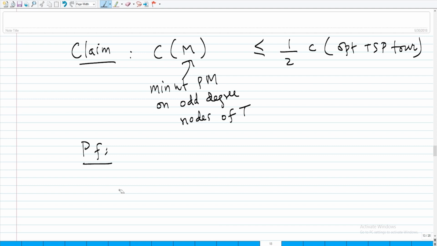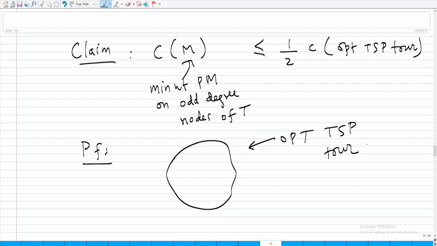Okay, so what I will do is let us take the optimum TSP tour, which has all the vertices, and look at the subtour which contains only the odd degree vertices of the spanning tree by doing some short circuiting. I care only about these vertices which are odd degree vertices in the spanning tree. Let us say it is these vertices.